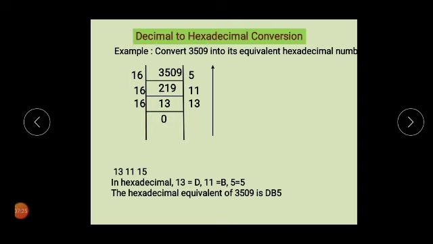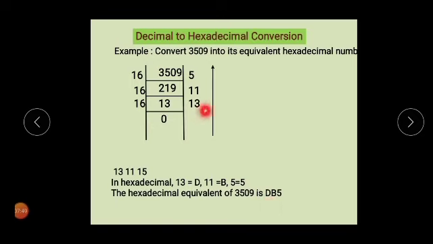So we divide this number by 16 and note down the remainders at the side, and here also we write the remainders in reverse order, from bottom to up, to get the equivalent hexadecimal number. So for the decimal number 3509, the hexadecimal number is DB5.